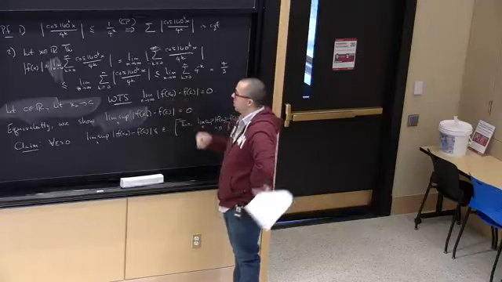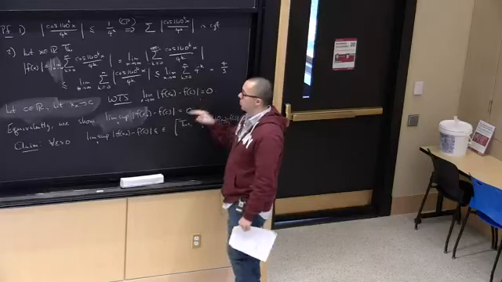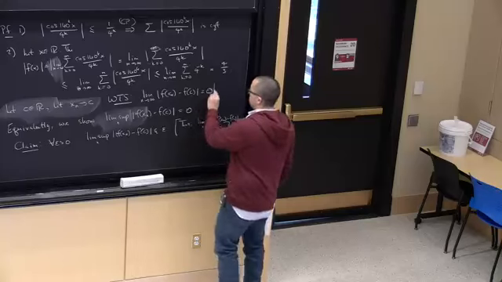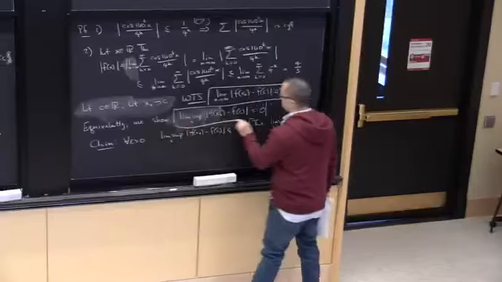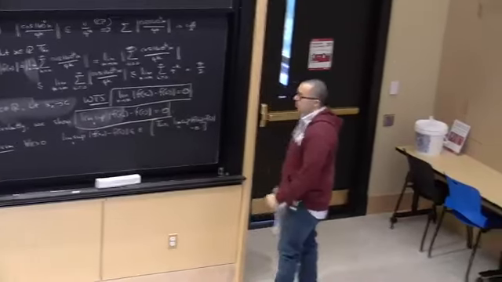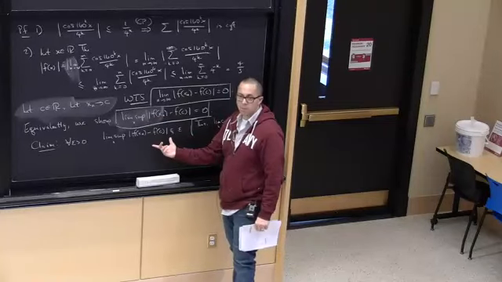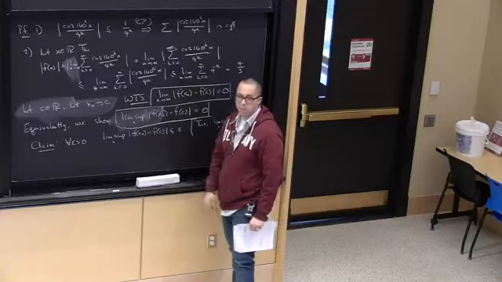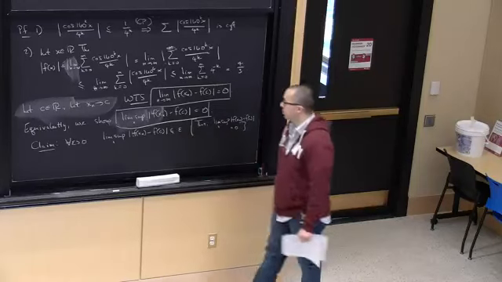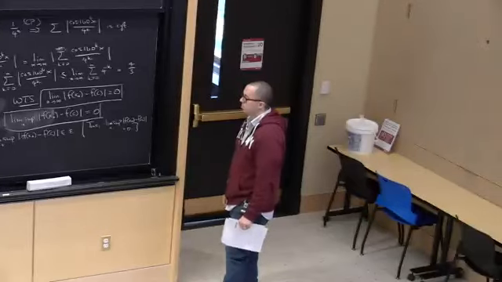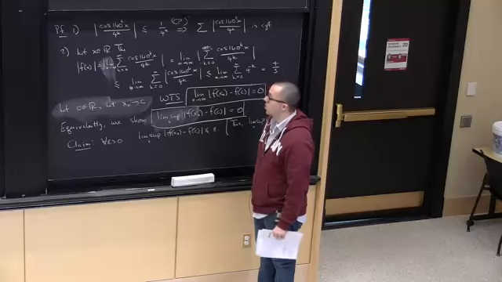But this is a sequence of non-negative numbers, the absolute value of f of x_n minus f of c, so this is equivalent to this. Now, rather than show directly that this lim sup equals 0, we're going to show that for all epsilon positive, it's less than or equal to that small number, and therefore it's 0, because it's a non-negative number smaller than every positive number. Okay, so this is our goal: to show this lim sup is less than epsilon.